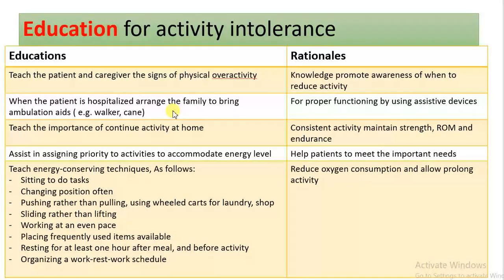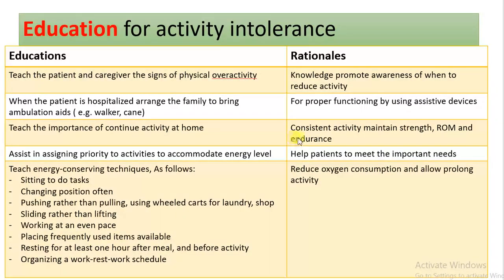When the patient is hospitalized, arrange for the family to bring ambulation aids like a walker. This is important because when patients come to the hospital, they should maintain and preserve their activity. Another teaching is to teach the importance of continued activity at home.